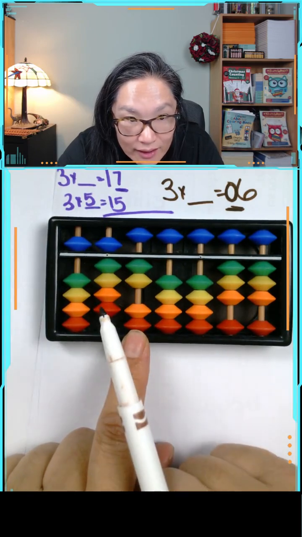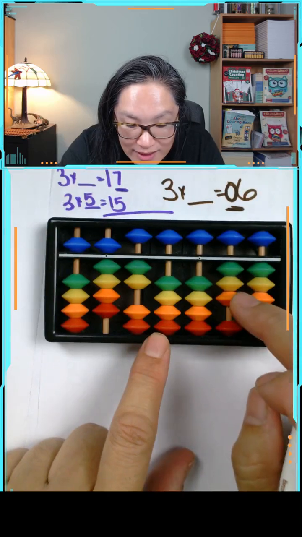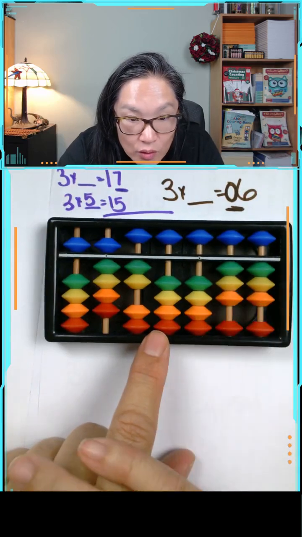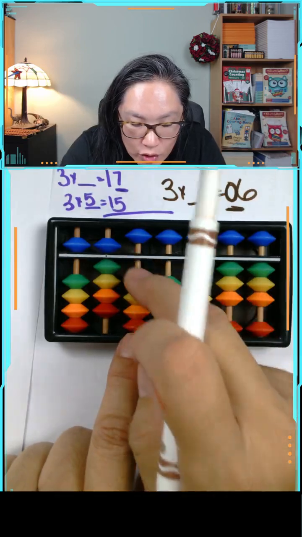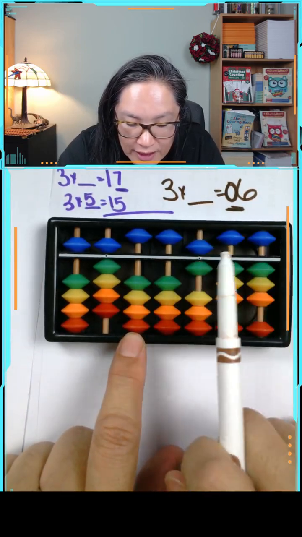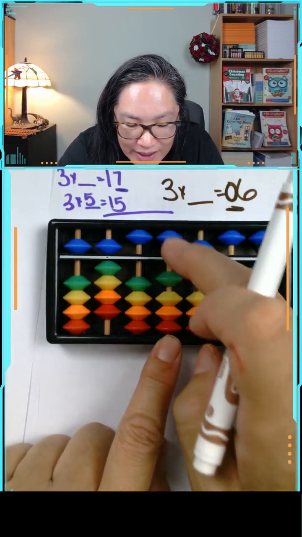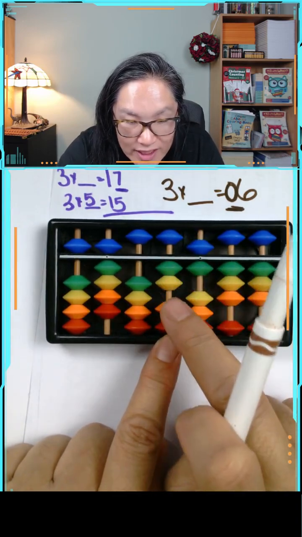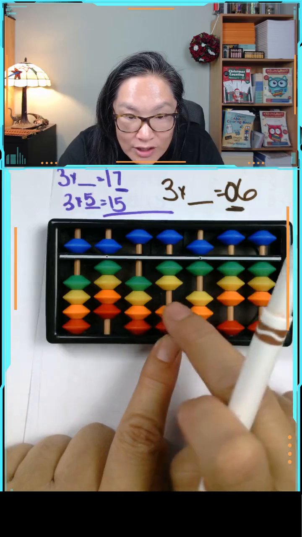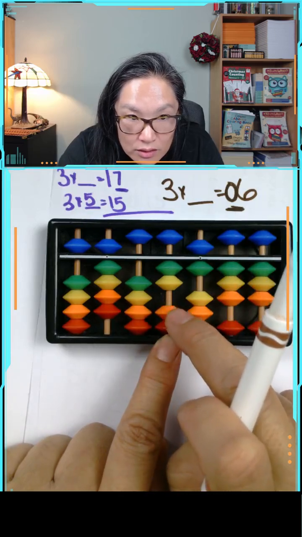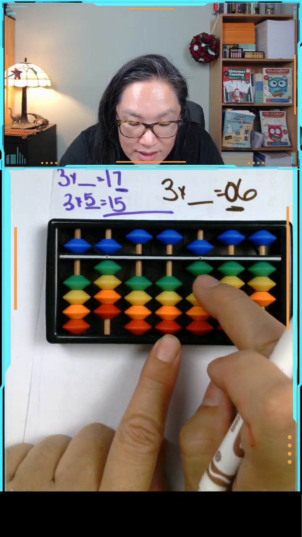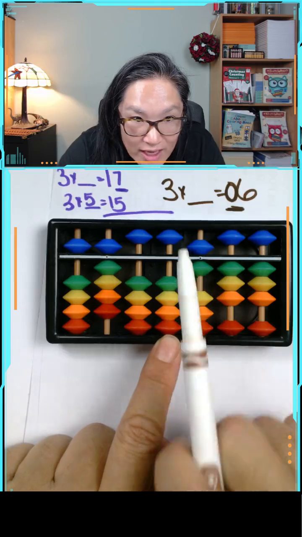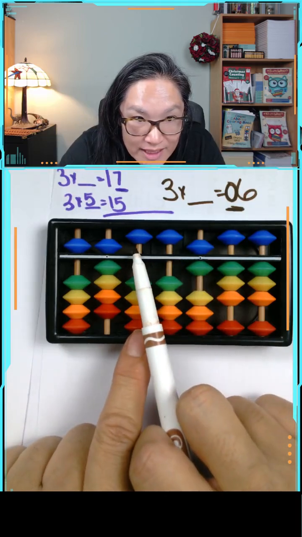We do it again. 3 times what is equal to 3? Nowhere does the 2 go. If I put it here, if the 2 goes here, then your answer is wrong. You need to make this a double digit. You need to make the 6 a double digit. So that's why it pushes the number to here.